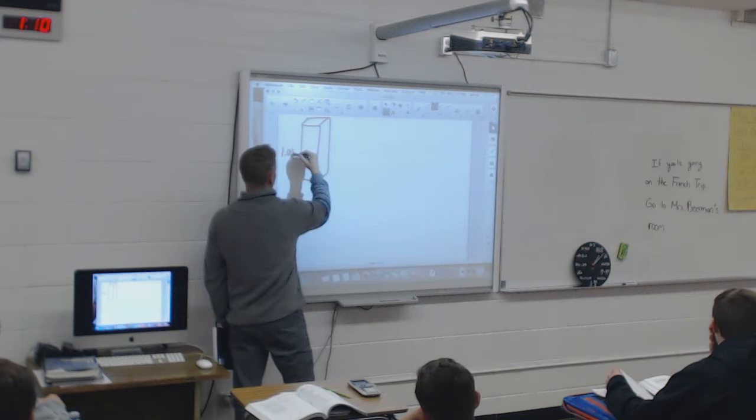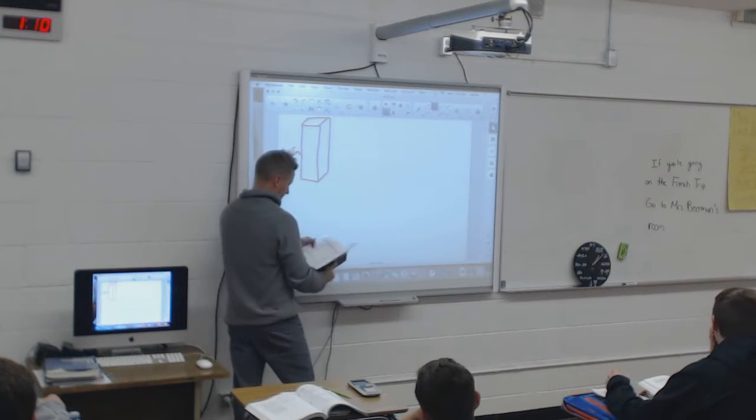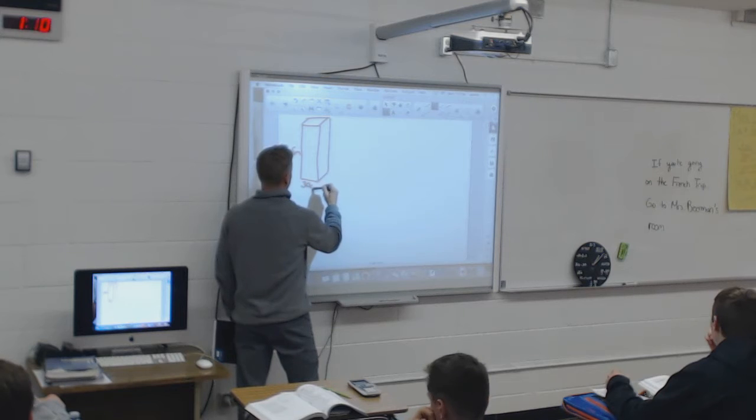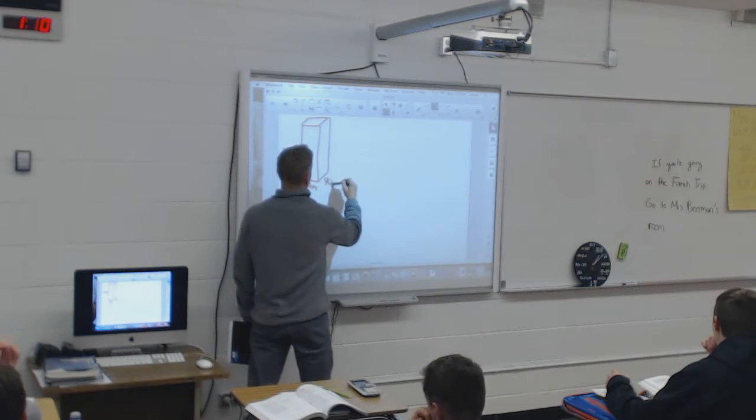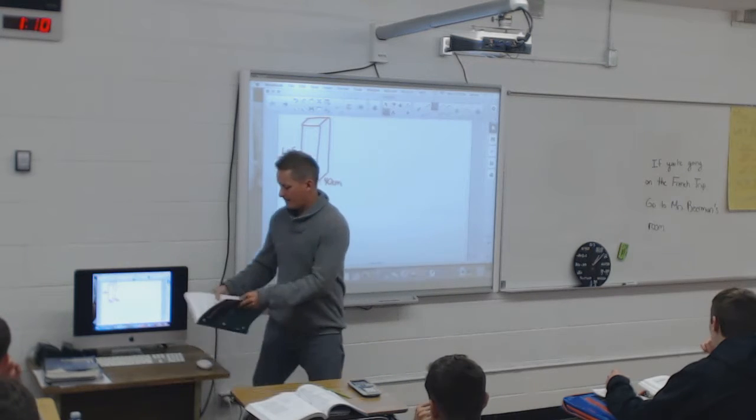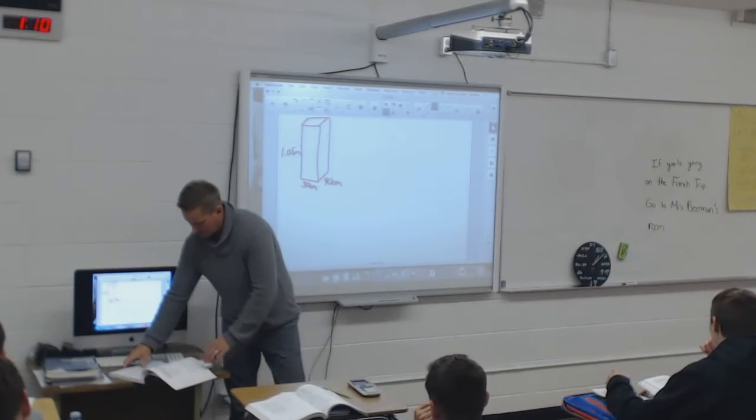This is 1.05 meters, right? It's a 30 across the bottom and 40 deep.